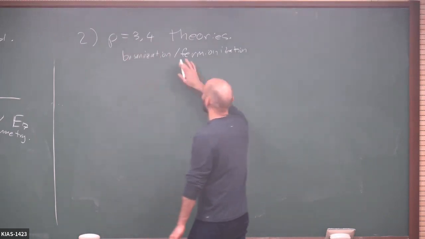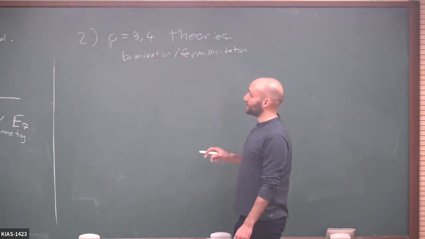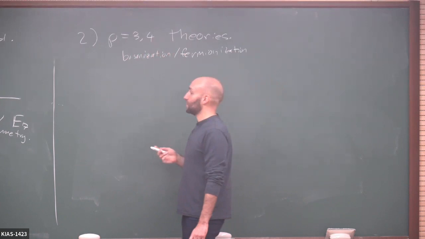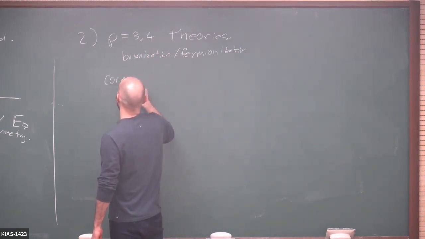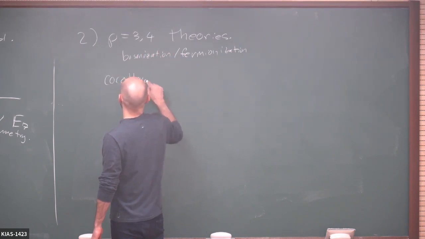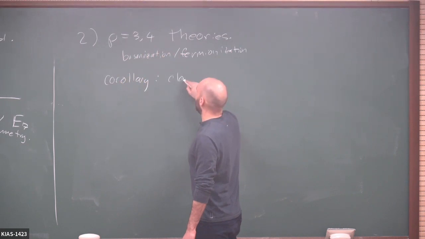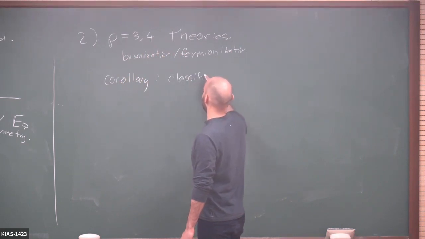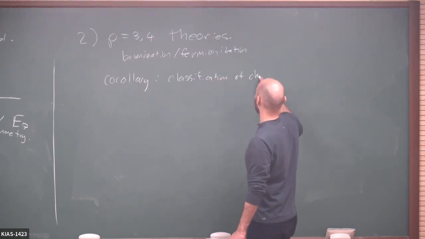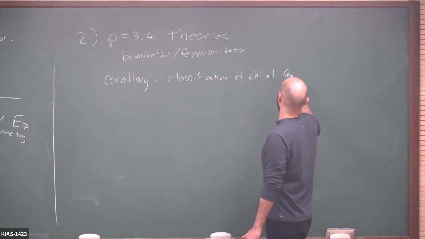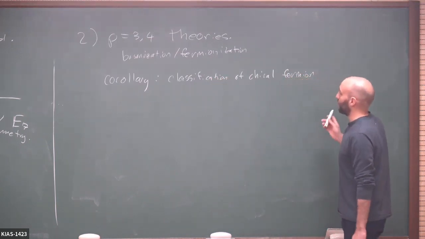So a corollary of being able to classify 3 and 4 character theories, in whatever range of central charge you're able to do so, is that you would have also classified chiral fermion theories. I think this would be a very interesting direction. I'm working on it at the moment.